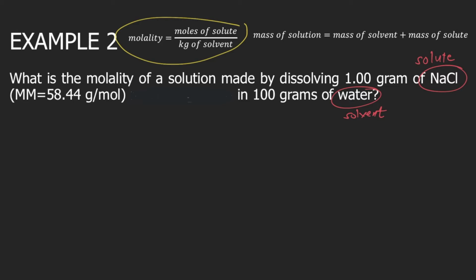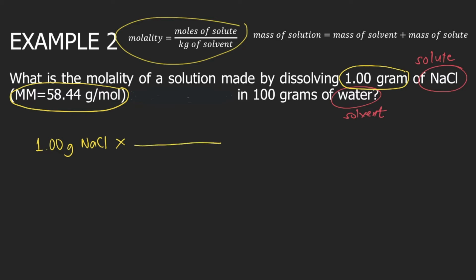Instead, we are given the grams or the mass of solute. So we will use dimensional analysis to convert 1 gram of NaCl to moles. So we are given the molar mass of NaCl, 58.44 grams per mole. If in case the molar mass is not indicated in the problem, you need to solve it on your own.